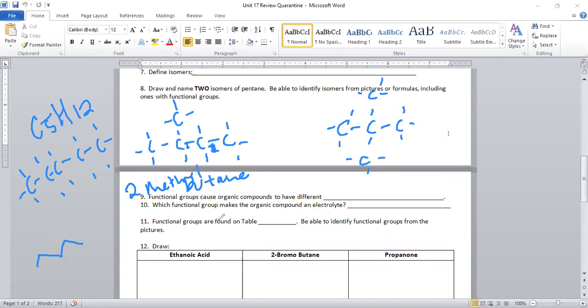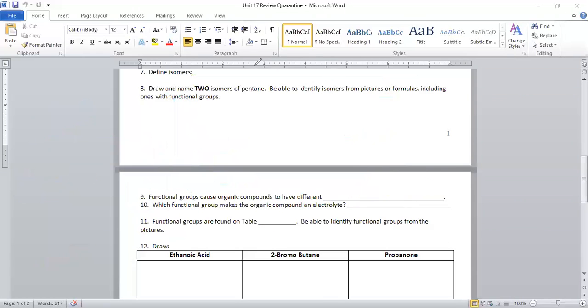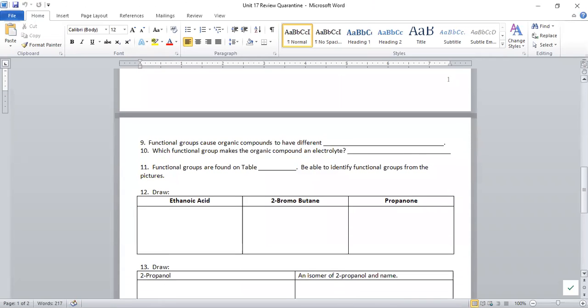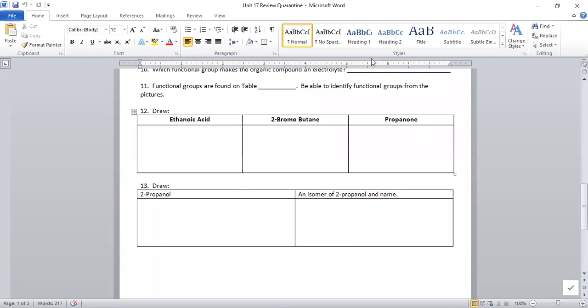Okay, functional groups cause organic compounds to have different properties. Which functional group makes an electrolyte an acid? It has to end in COOH. They are found on table R. Okay, so draw ethanoic acid.